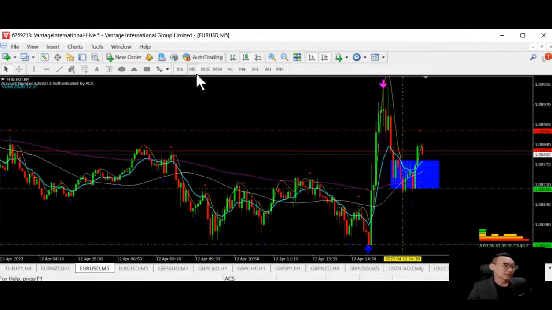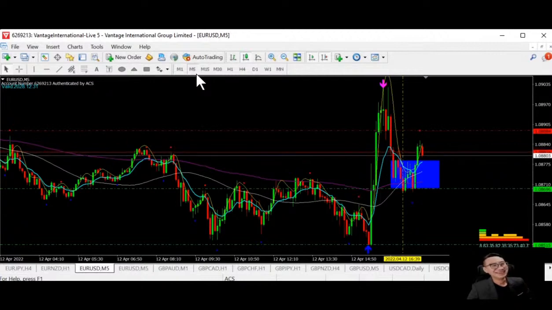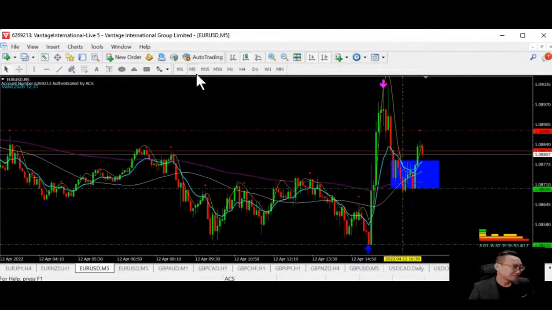I wish this candle can come down and break below this aqua line, and of course breaking below the white line would be even better. But because of the volume, I think we just need to be patient.